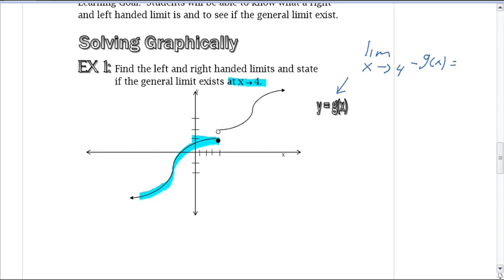So let me put down 1. I'll even label this for you: 1, 2, 3. Now let's take a look at the right-hand limit. Let me grab a red pen. The limit as x approaches 4 from the right of g of x is equal to... Okay, let me grab my highlighter here.